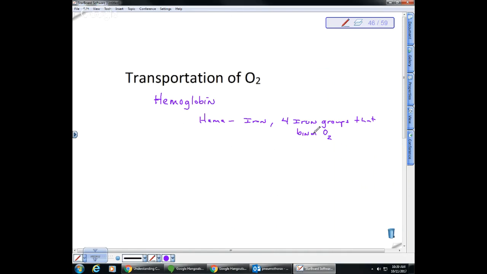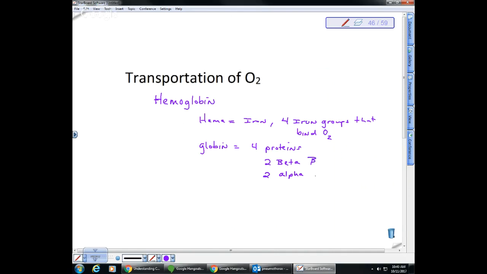Now the globin part of the hemoglobin molecule, think globular protein. This is a protein, so we have 4 proteins. And so these are given names. We have 2 beta globulins and 2 alpha.